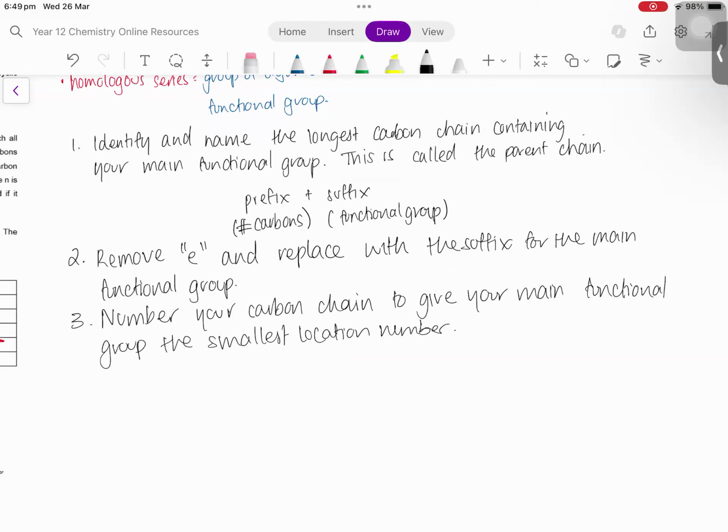Number your carbon chain to give your main functional group the smallest location number. Separate your numbers and letters with a hyphen.